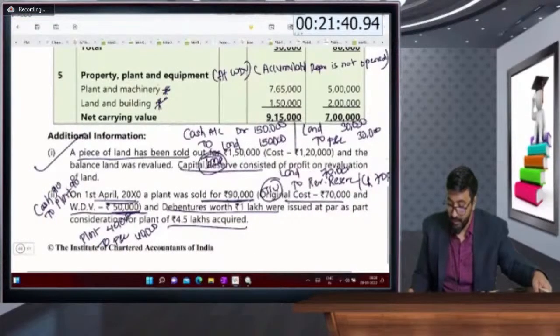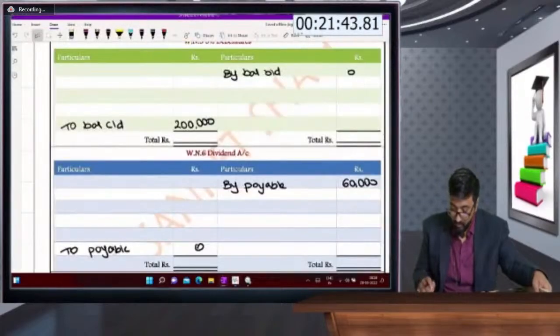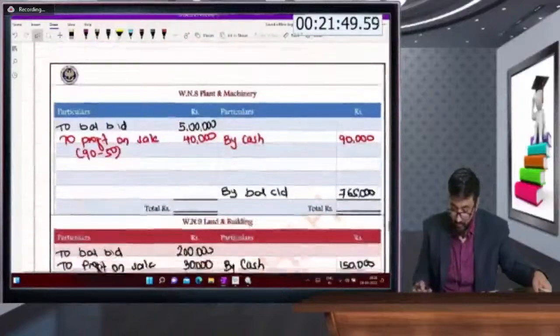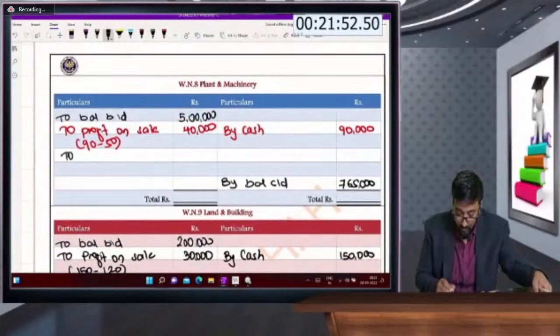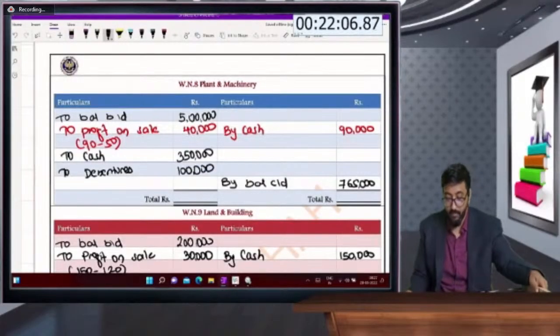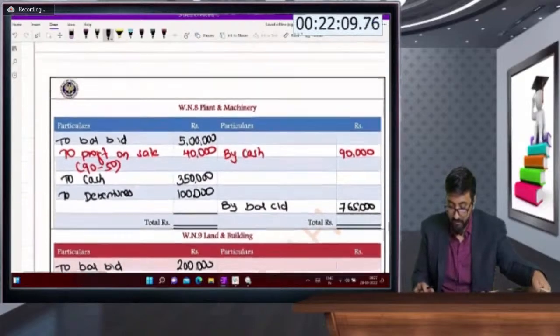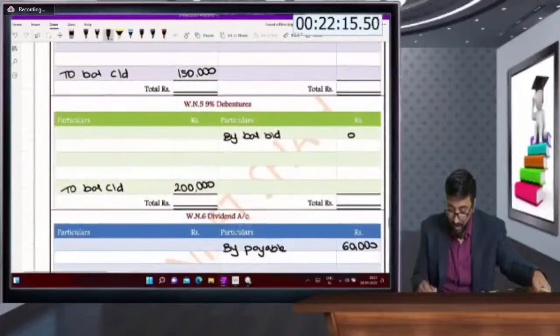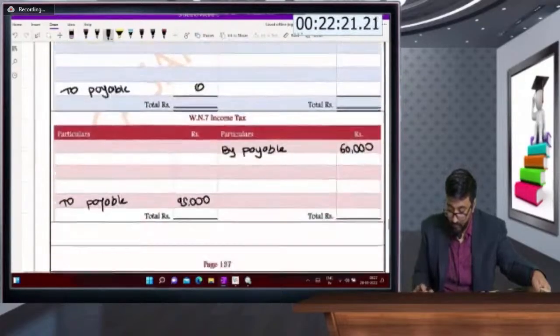Debentures worth rupees 1 lakh issued as a part consideration of plant. So plant in debit, to cash 3,50,000 and to debentures 1 lakh. Total is 4,50,000, 350 and 1 lakh. Second effect, debentures in credit, by plant, 1 lakh.